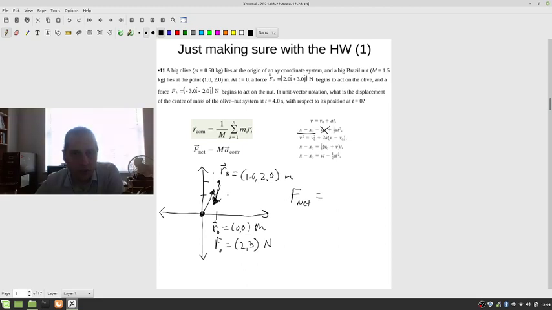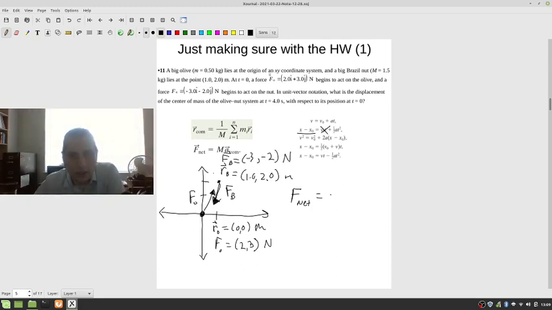which is going to be, you have your F on the olive, this is the F on the olive, and F on the Brazil, and the F on the Brazil is this, there it is, minus 3, 2 newtons.